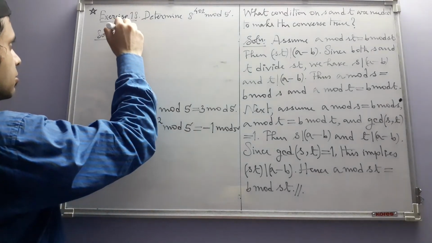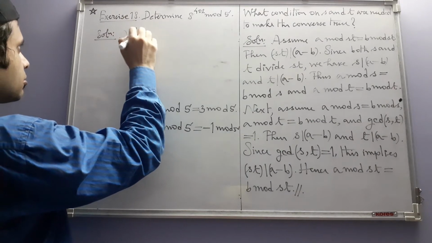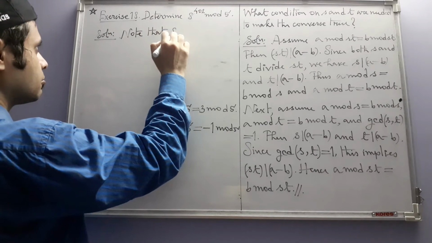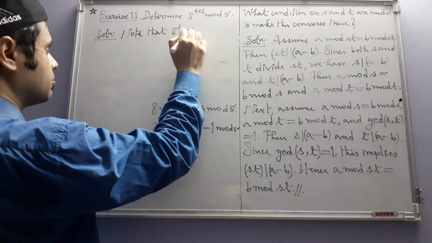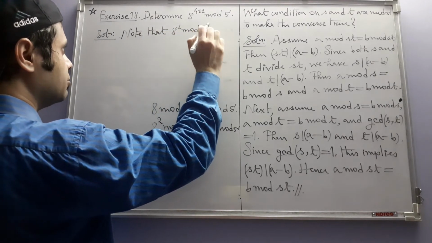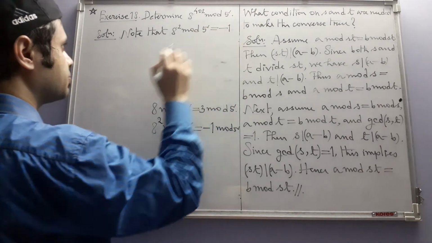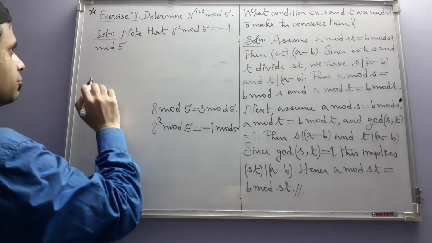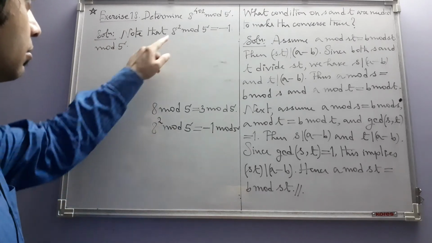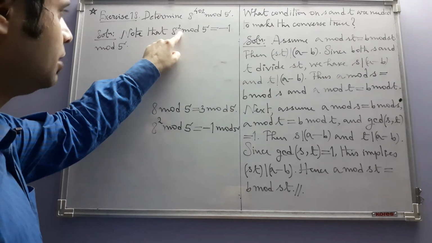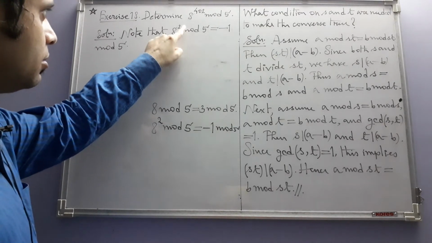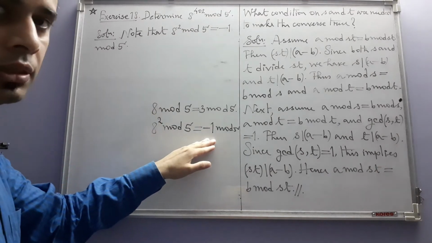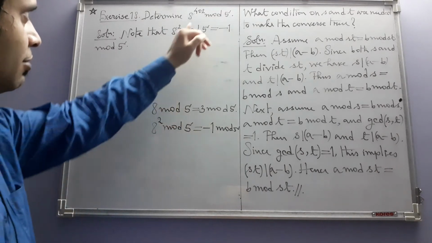So note that 8 square mod 5 is equal to minus 1 mod 5. One more thing we have to keep track of is that the exponent that you are considering in your endeavor to simplify this should somehow give you this.